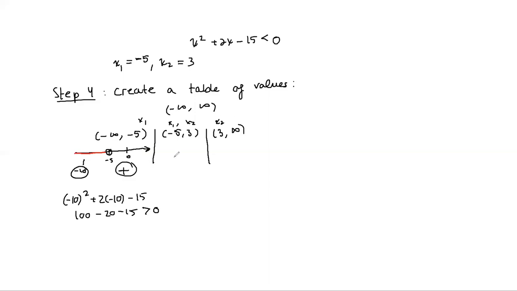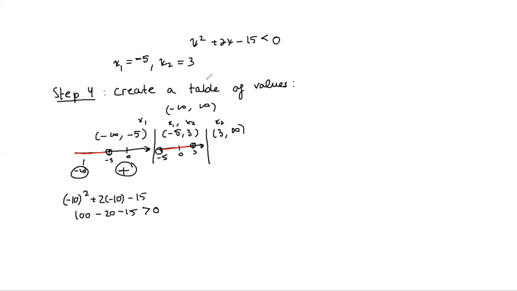Okay, let's move on. If I take a value between minus 5 and 3, so again, if I have my 0 line, 3 is here and minus 5 is here, I'm looking at all of these values here. Again, we have that minus 5 is not included and 3 is not included.